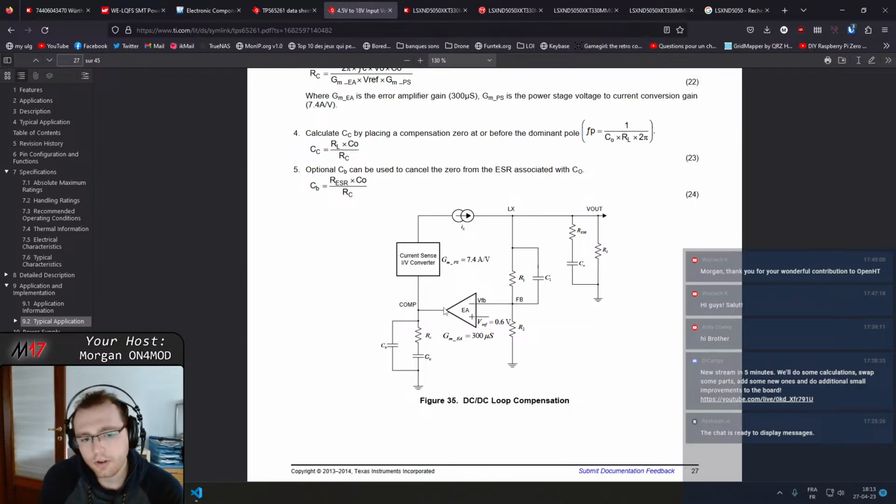Also, we could have a system which resonates at some frequency, which is hard to decide in advance. And if the system is resonating at a specific frequency, that frequency is gonna be appearing on the output voltage. And it can be quite a large ripple, sometimes a few tenths of a volt, which can be too much depending on the system that you use.